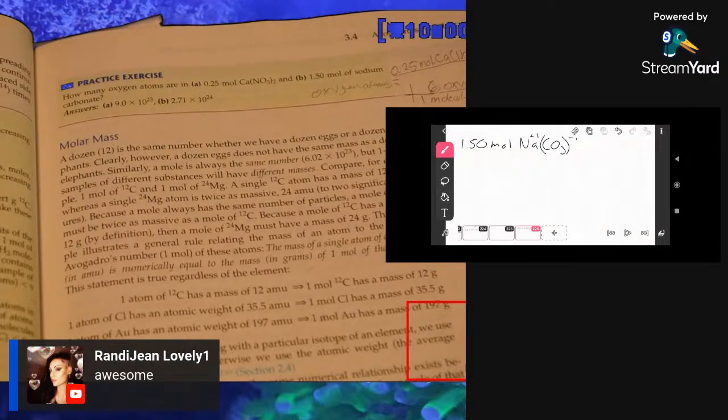All right, guys. So first off, the answer's right there. You see that? But let's see if we get the answer of 2.71. All right, so let's go. Let's get what we know. They want to solve for oxygen atoms.